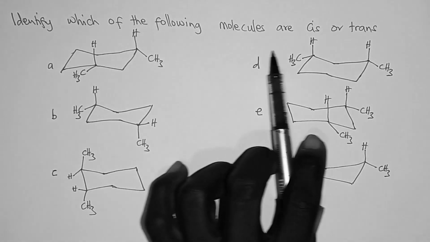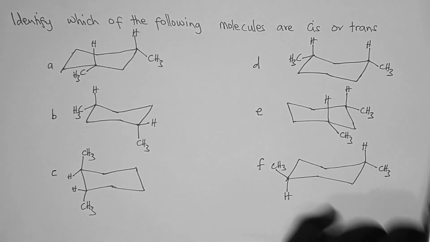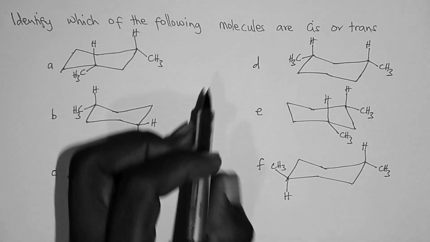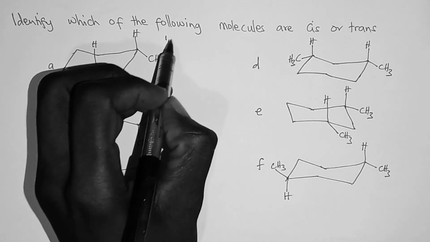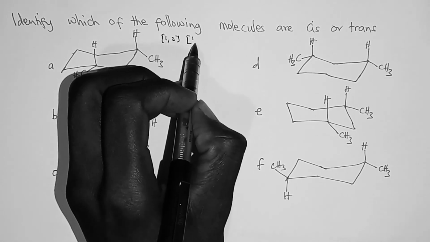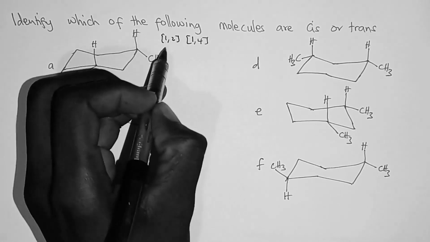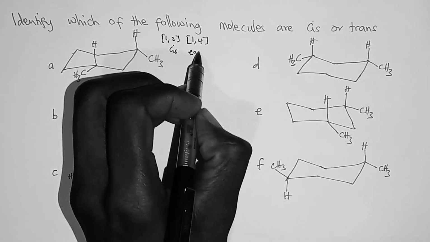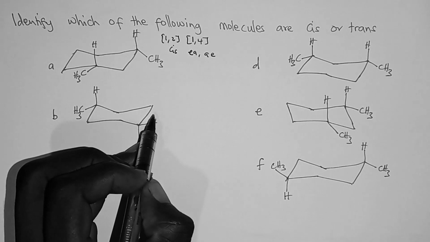Identify which of the following molecules are cis or trans. So the key is always important to identify which molecules are cis or trans. Remember that we have already established that for a 1-2 relationship or a 1-4 relationship, the cis is an EA or an AE.